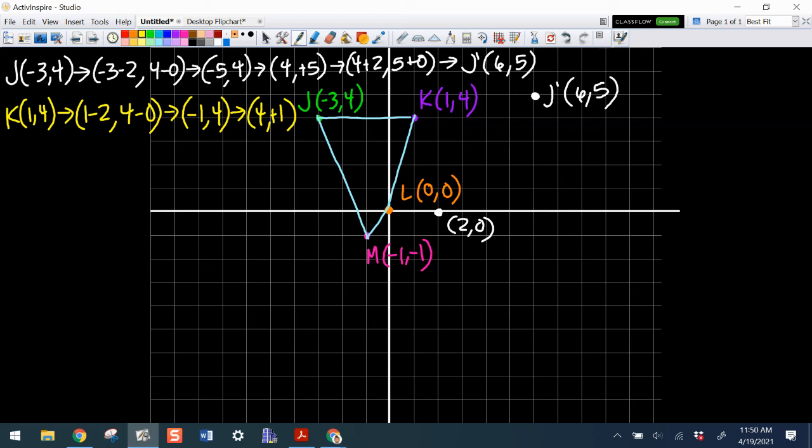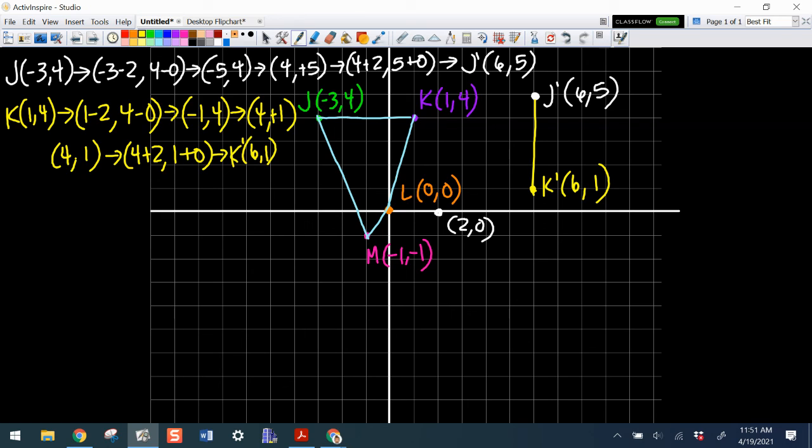Then we need to add our center of rotation back. So we're going to add 2 to our x and 0 to our y. And K prime will be located at (6, 1). So K prime is located at 1, 2, 3, 4, 5, 6, and 1. And notice J prime and K prime are still 4 units apart.